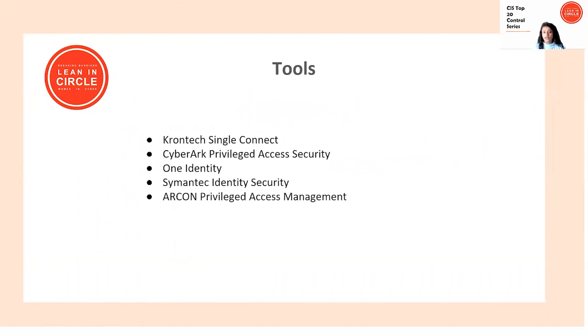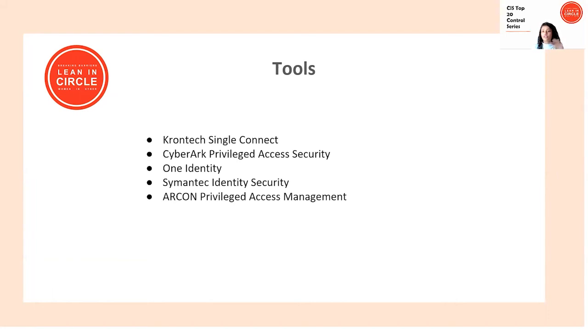Now the tools that can help can be PAM tools, Active Directory tools, right? So these are the listed tools. These are all PAM tools, like One Identity, that talks about hardware or virtual devices, and CyberArk Privileged Access Security that manages different kinds of access.